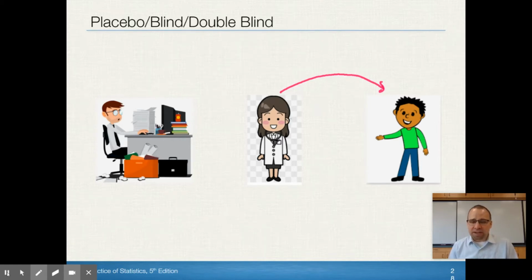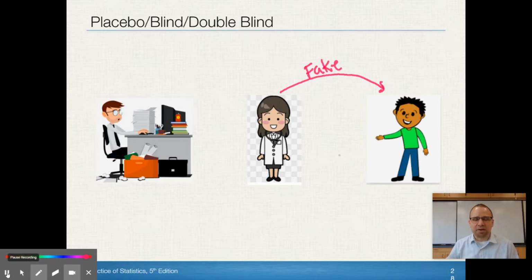The placebo effect is when you administer a drug or some sort of treatment to humans, even if it is a fake treatment. In other words, if this doctor here gave the patient a sugar pill, the person would get better or their cholesterol would get lower due to the placebo effect.